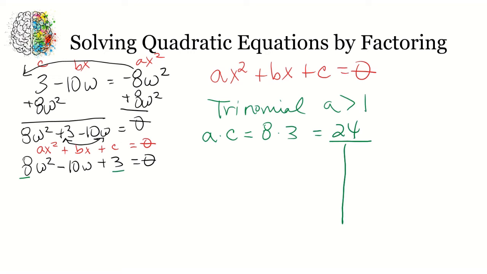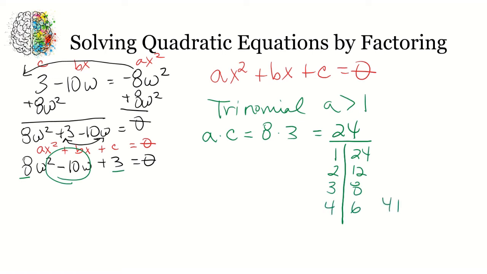And what I'm looking for is two numbers that when they multiply together, they're going to give me the product of 24, and when I add them together, they're going to give me that B of minus 10. So 24: 1 times 24, 2 times 12, 3 times 8, 4 times 6.